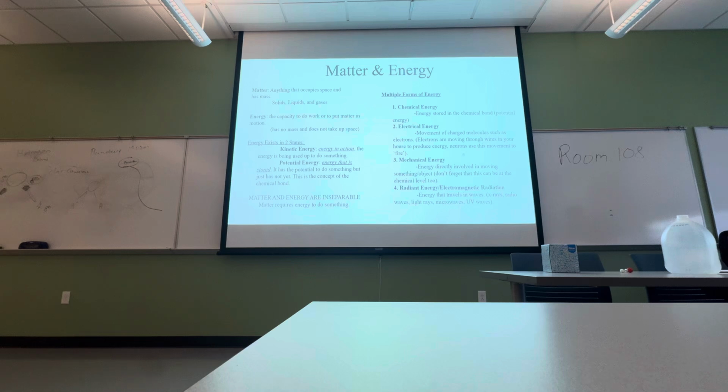This is something that you see in lights, like the lights that we have above our head. This is electrical energy, the movement of electrons. Okay, then there's mechanical energy. This is energy directly involved in moving an object. Then there's something called radiant energy or electromagnetic radiation.